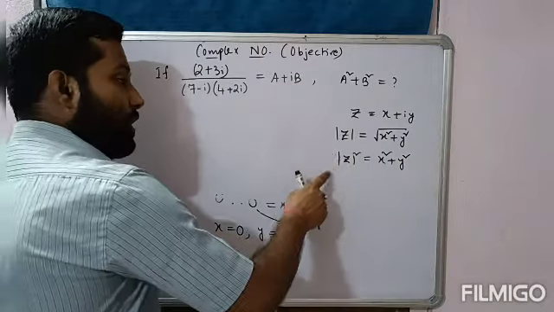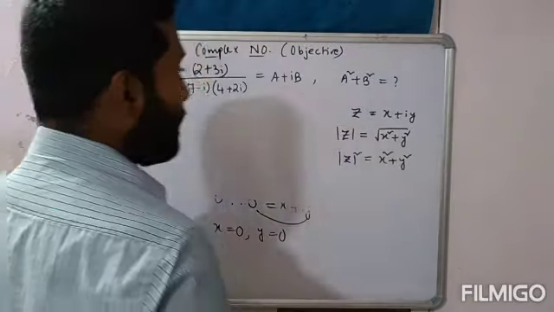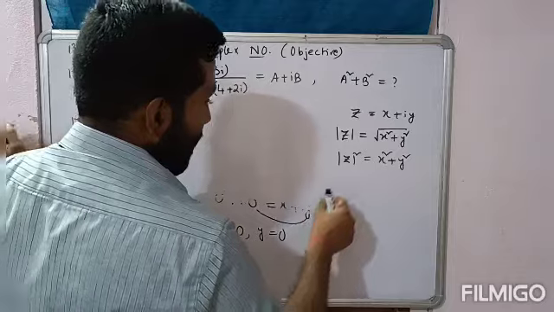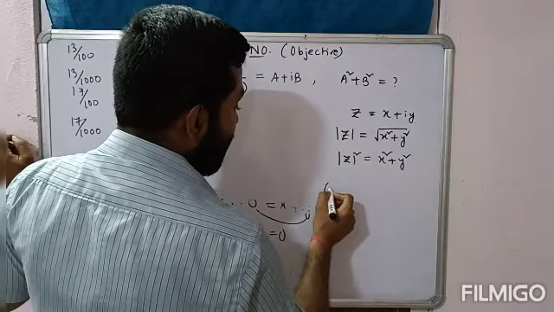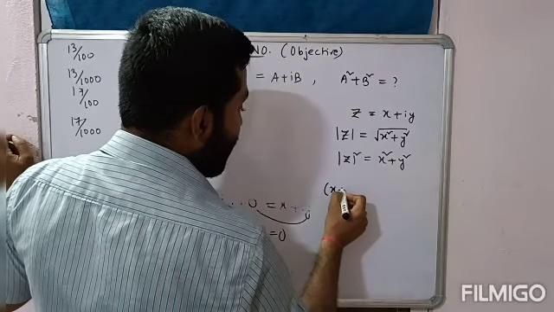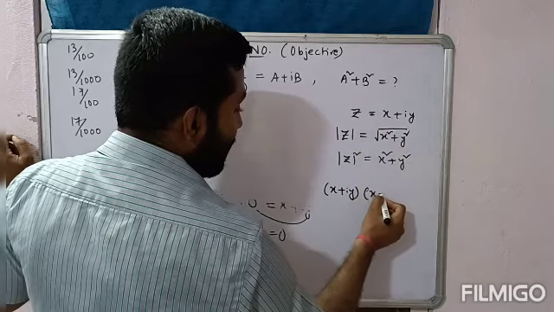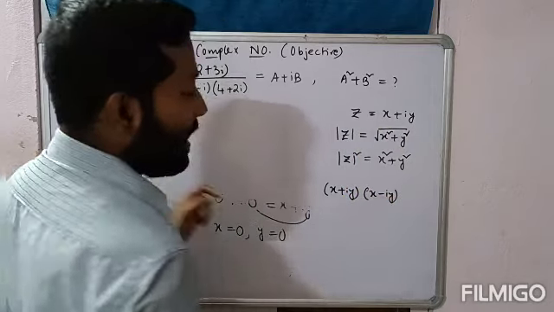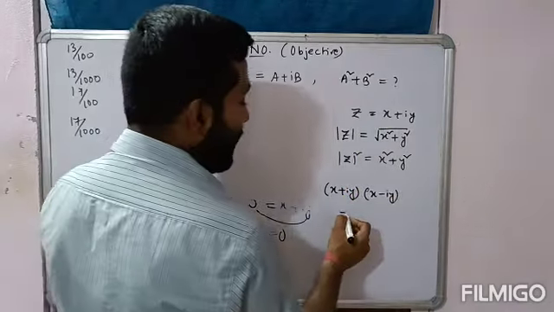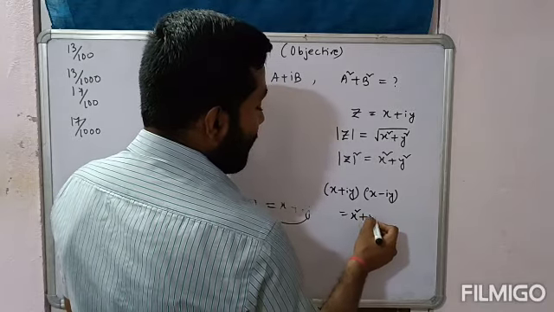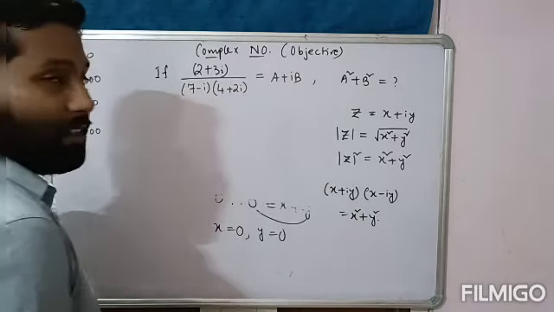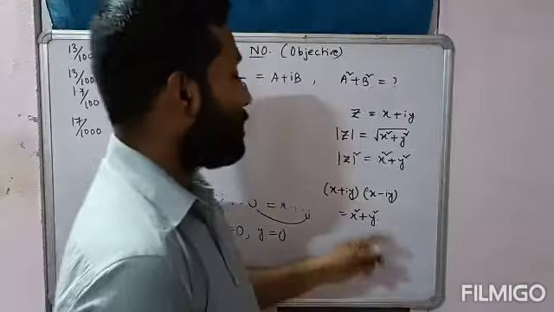That means we get x square plus y square only when we take the conjugate: if you multiply x minus iy with x plus iy, then only you will get x square plus y square.